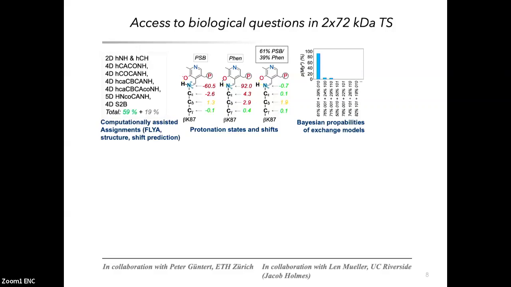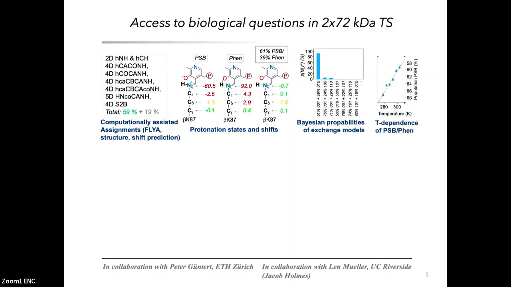And these are the experimental chemical shifts that we found, and they match the computed chemical shifts exactly when we assume a linear combination of two states with a 60:40 ratio. In fact, that was beautifully demonstrated also using Bayesian probability statistics.